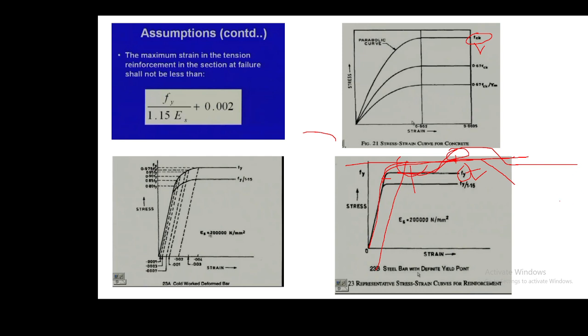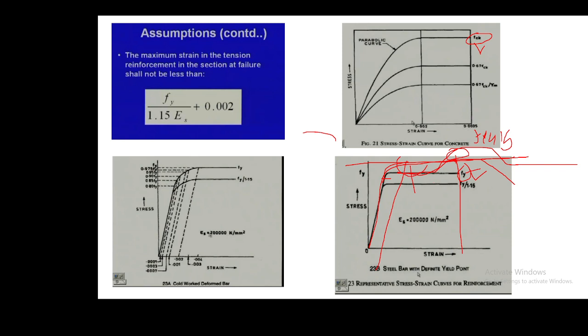See, the strain in steel is very high compared to the strain in concrete. For Fe415, it was about 0.0038, right? Remember, that is only for Fy.